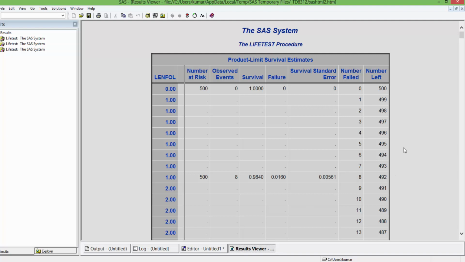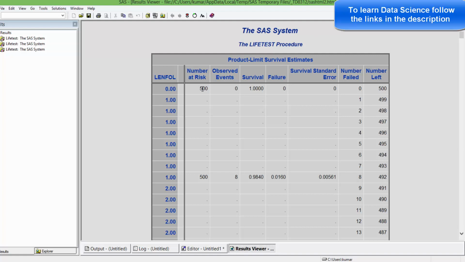You can see on the screen the product limit survival estimate. Let us understand this first. Number of patients at risk, 500. At the 0th time, everyone is at risk. Nobody has died. Okay.